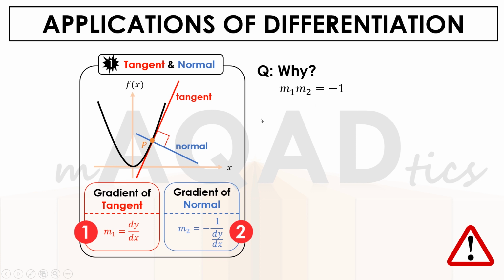Now let's say we have m1, which is dy over dx, and now we need to find m2. If we want to find m2, what we need to do is just move this to the other side. So m2 is -1 over dy over dx, same thing as here.